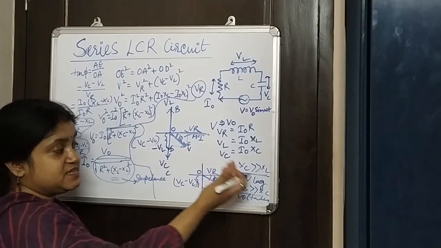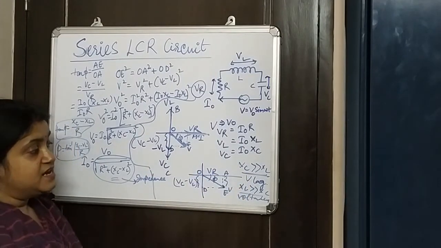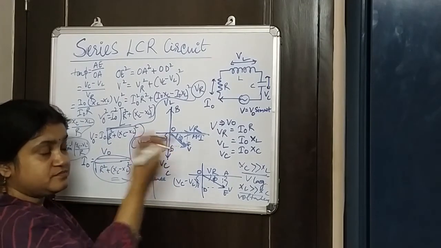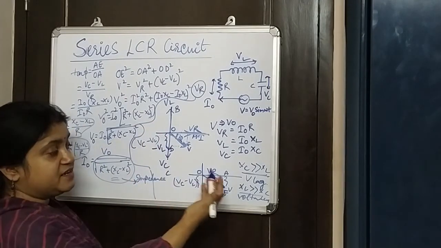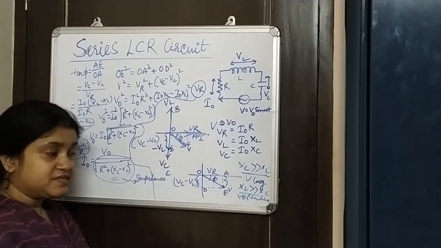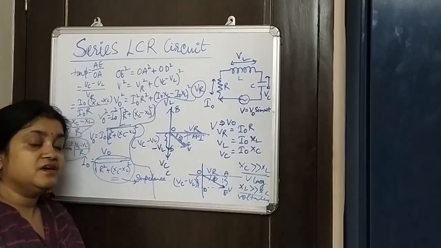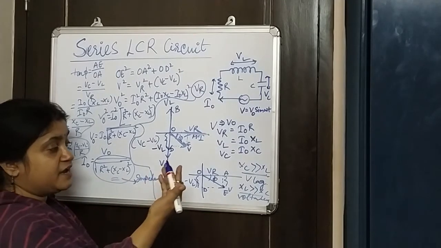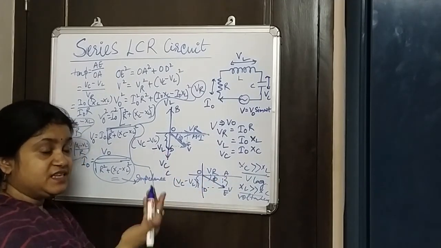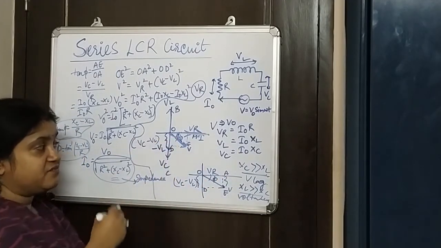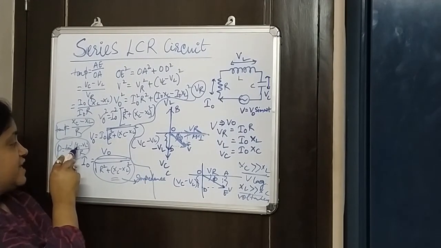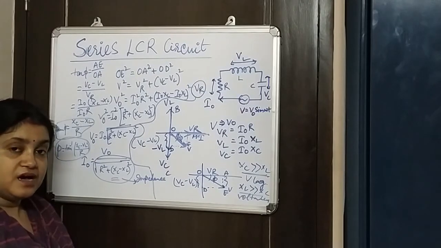And if XC is greater than XL, then the circuit behaves like a capacitive circuit. That is, V lags behind the current, and how much it lags is given by the phase angle phi, which is phi equal to tan inverse XC minus XL by R.